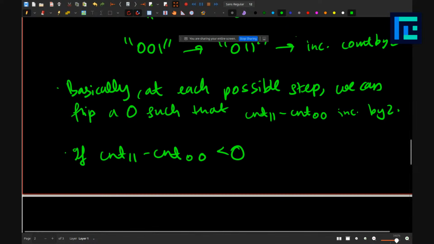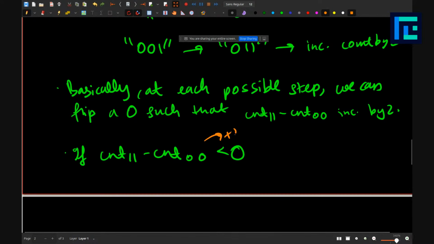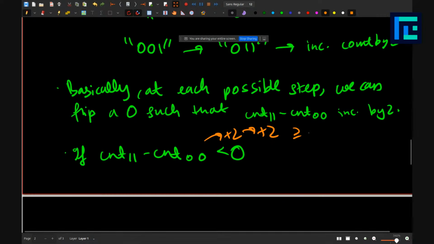If this was true, then at each step what we can do is add +2 and add +2 and add +2 until this becomes greater than equal to 0. Okay, so I hope you understand.